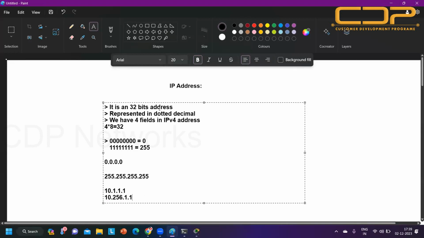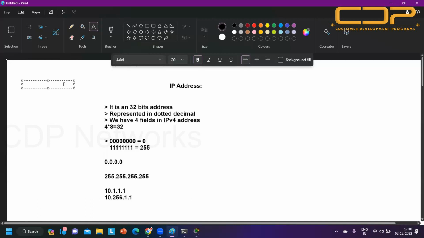Right. Now, how many total IP addresses do we have? 2 to the power 32. If I talk about total IP addresses in the world, it is 2 to the power 32 only. But we need more than 2 to the power 32 IP addresses because of population. Population is greater than this value.